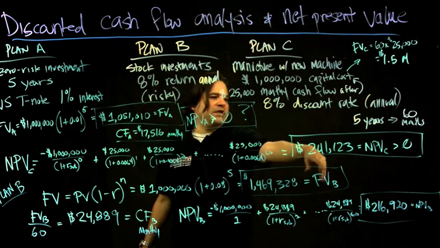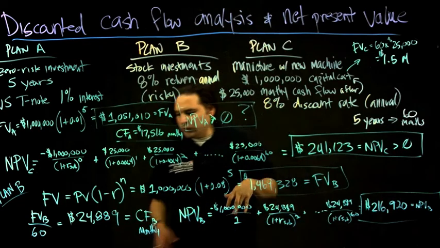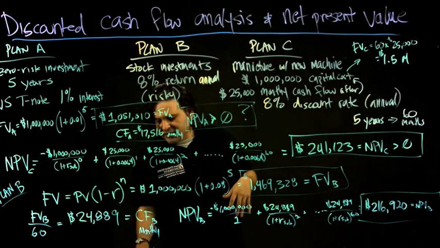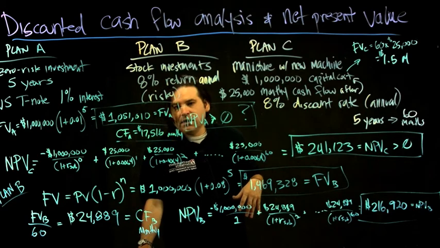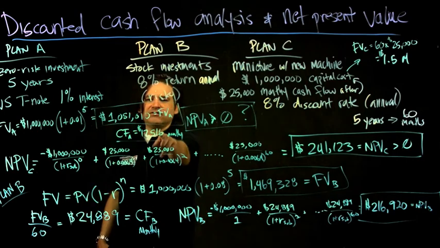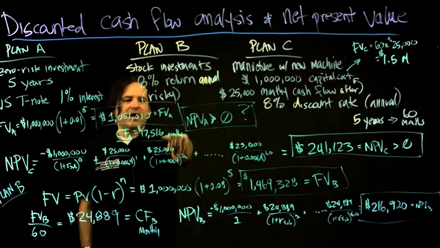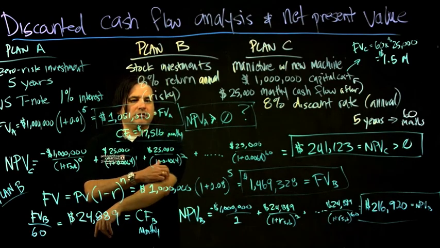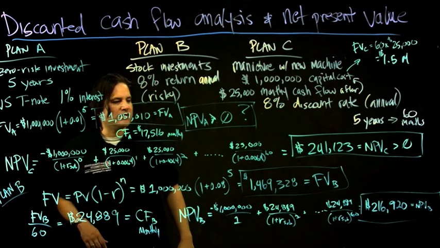The criteria would be if it's greater than 0, you should move forward. That's just a generally accepted standard analysis. And I'll leave it to you to apply this cash flow analysis, assuming this cash flow, and to see how that works out in terms of the net present value.